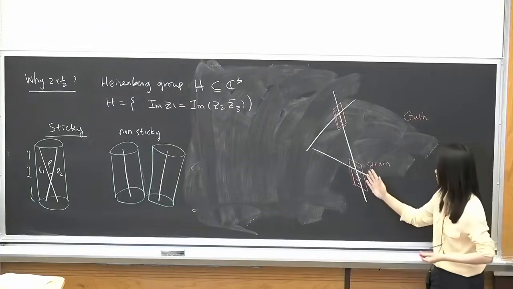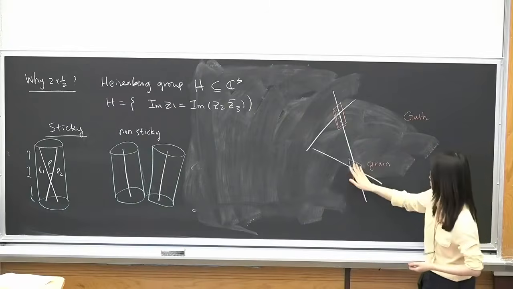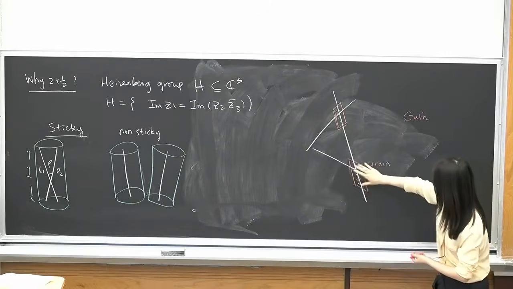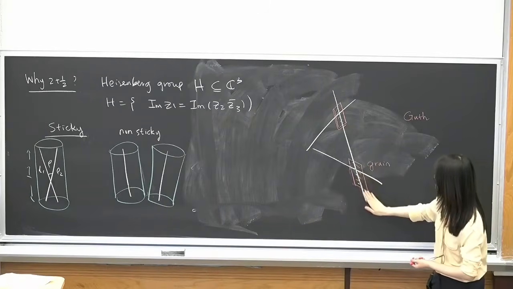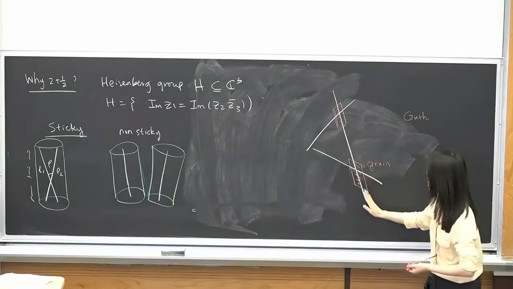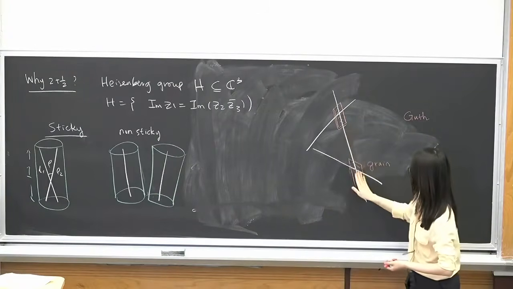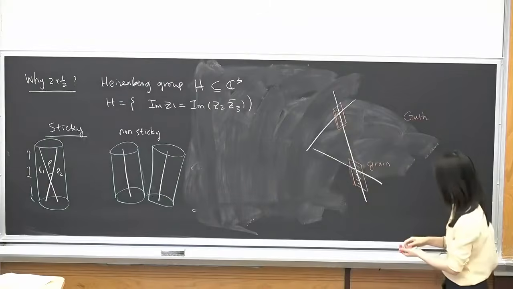But then the difficulty is that those grains, the little planar slabs, are not in the same direction, even along the same line. They kind of rotate, and this is the difficulty.